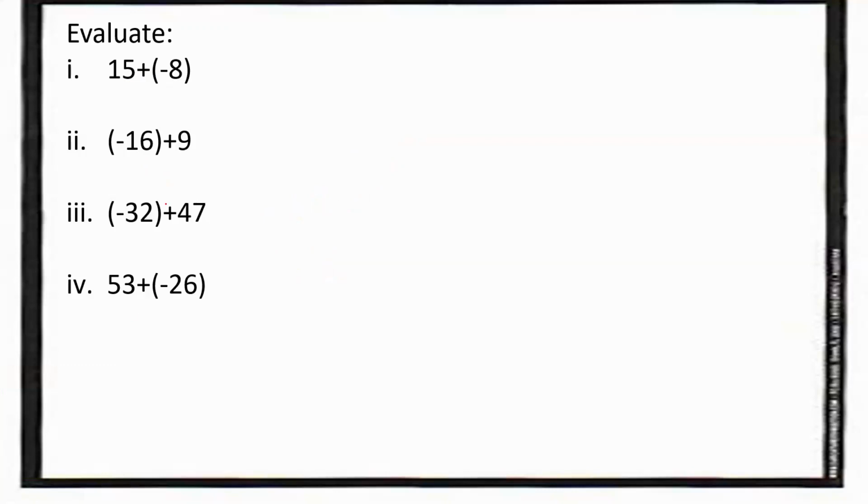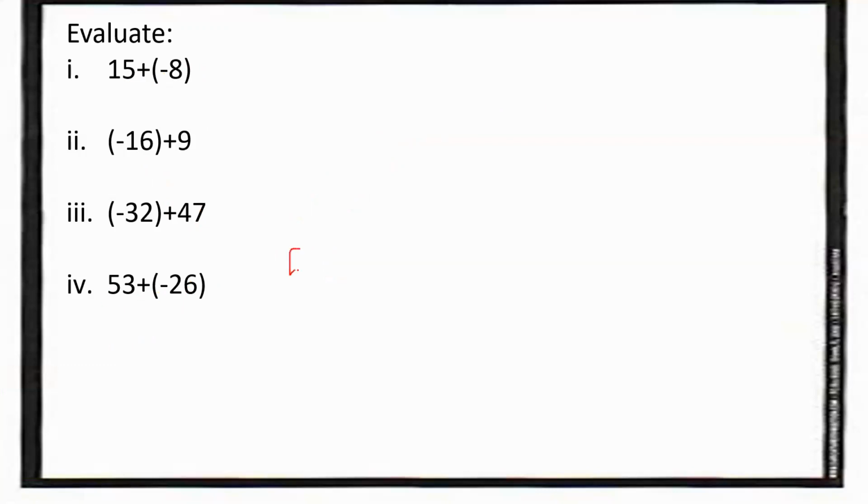Now we have this type of question. Every question we have solved until now has had two ways. We have not got any question of minus minus yet, so I will give you one question of minus minus. This is simple subtraction.